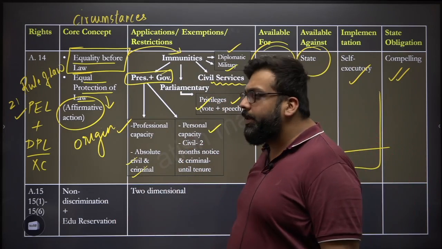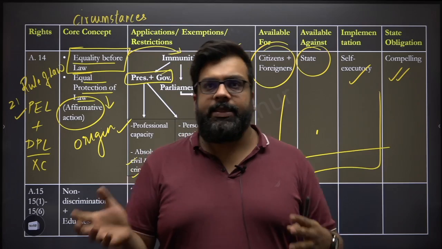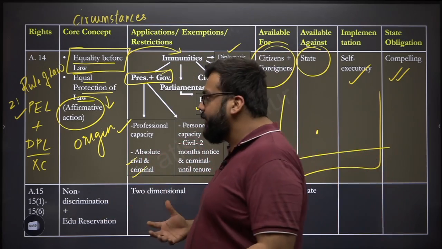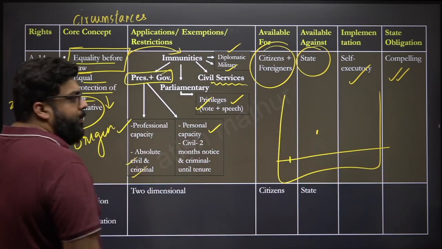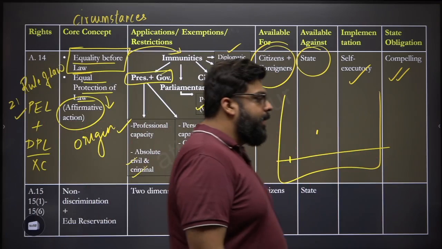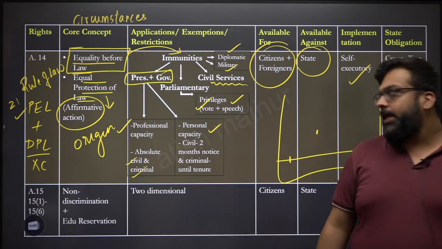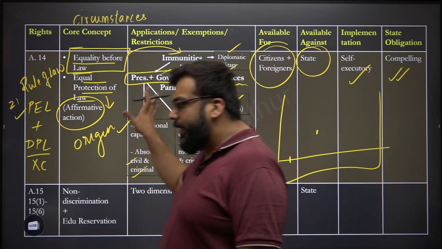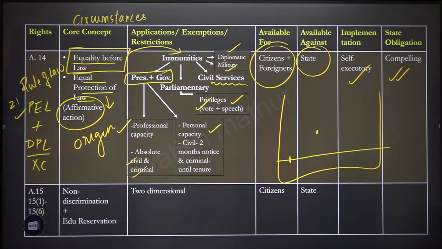So equal protection of law is treat people with similar circumstances similarly, and therefore this is the birthplace of affirmative action as far as the Constitution is concerned. Right now, this is enough. You really don't need anything else as far as Article 14 and the prelims is concerned.